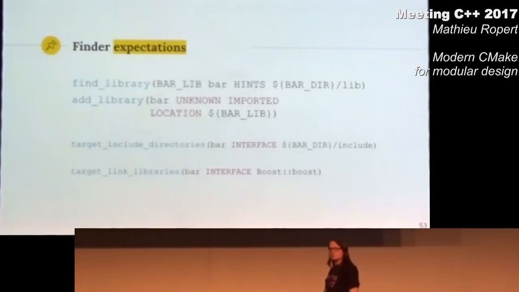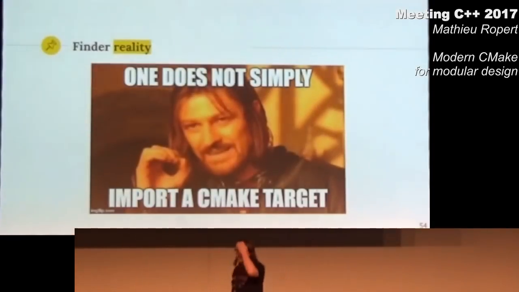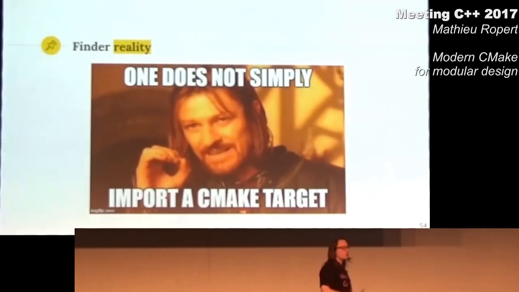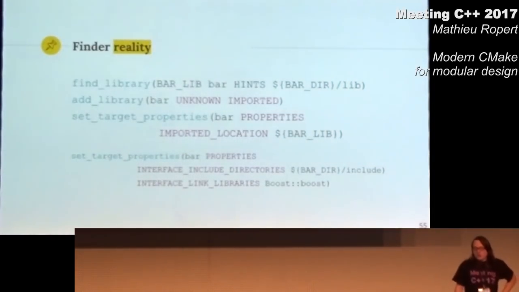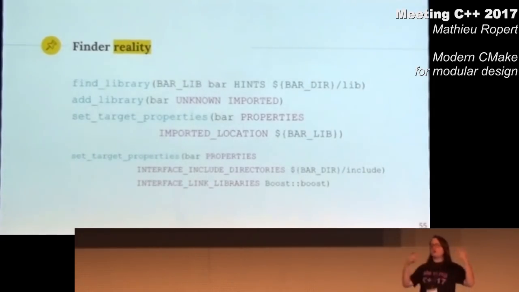Easier than I thought? Well, actually, not exactly. It's a bit complicated. Not much more complicated, but for some strange reason, the syntax is actually more complex. First of all, you cannot just specify the import location directly when you do add library. For some reason, it's a property that you have to set by hand. And same thing, the target macros, for unknown reasons, don't work with imported targets.